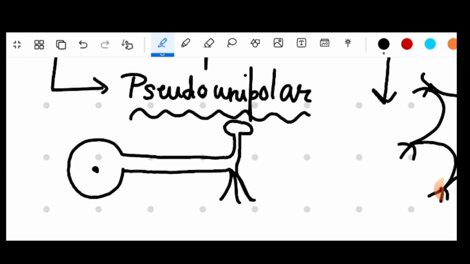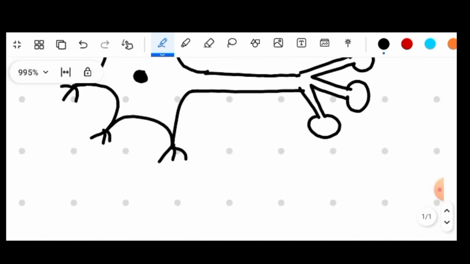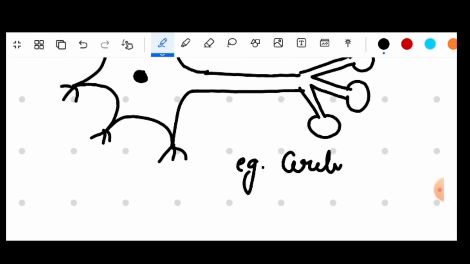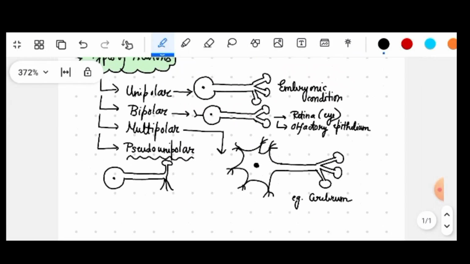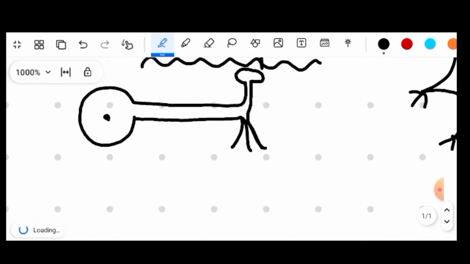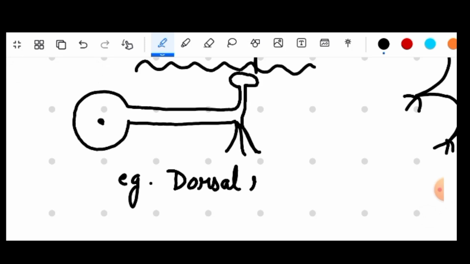So this is a special case. Multipolar neuron is present in the cerebrum, for example, and obviously it is present in most of the cells of the body. And pseudo-unipolar neuron is present, for example, in the dorsal root ganglion.